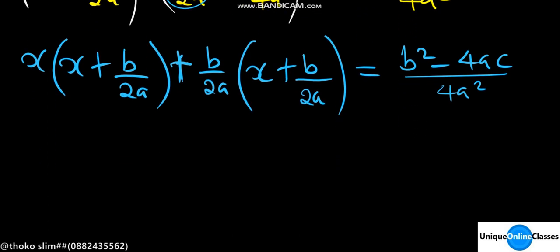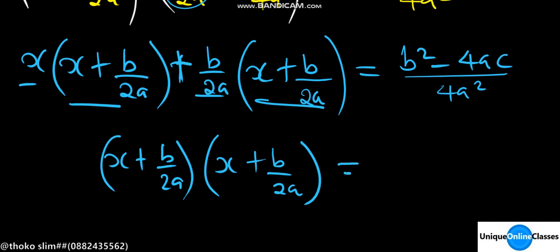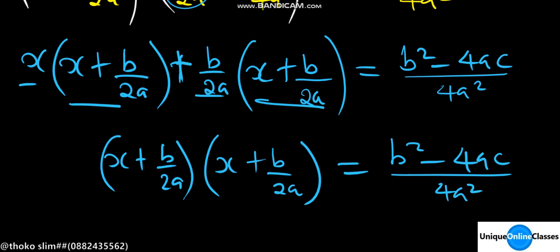And the factors will make one bracket, which is x plus b over 2a, and this bracket is the same as that bracket, so I can just take one bracket, which is x plus b over 2a. Then here I have b square minus 4ac divided by 4a square.